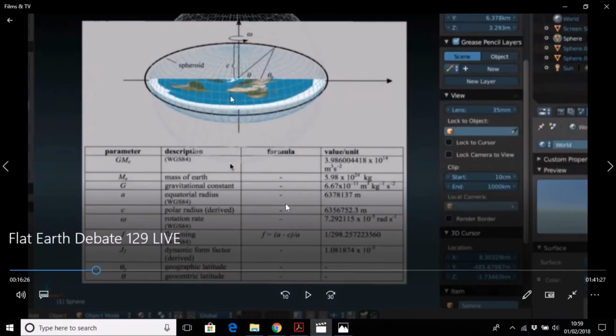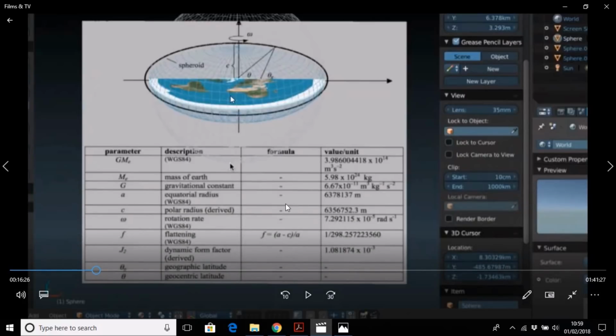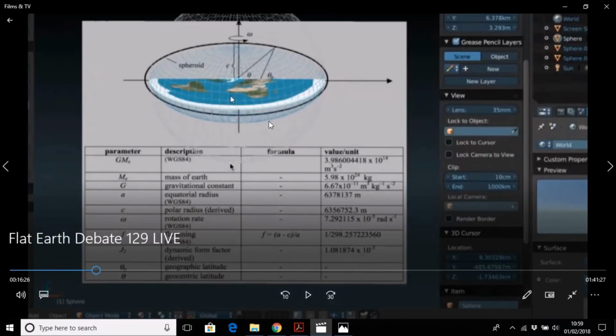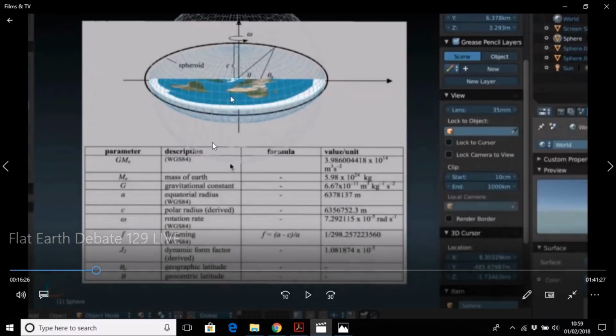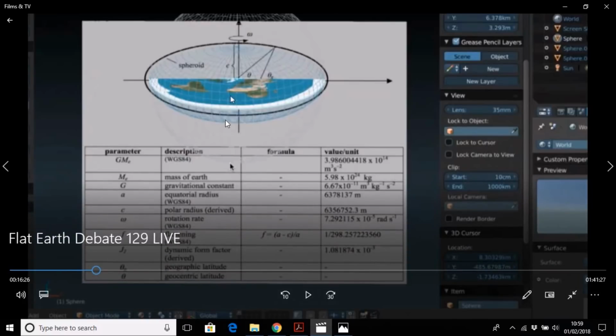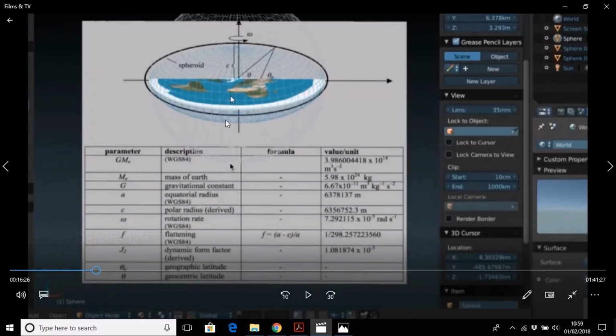So Nathan Oakley misspoke a little bit there when he said a disk of 33 kilometers. I don't know exactly what he meant. But what he was saying is that the WGS84 is in fact a disk only 33 kilometers thick, is what I believe he said.